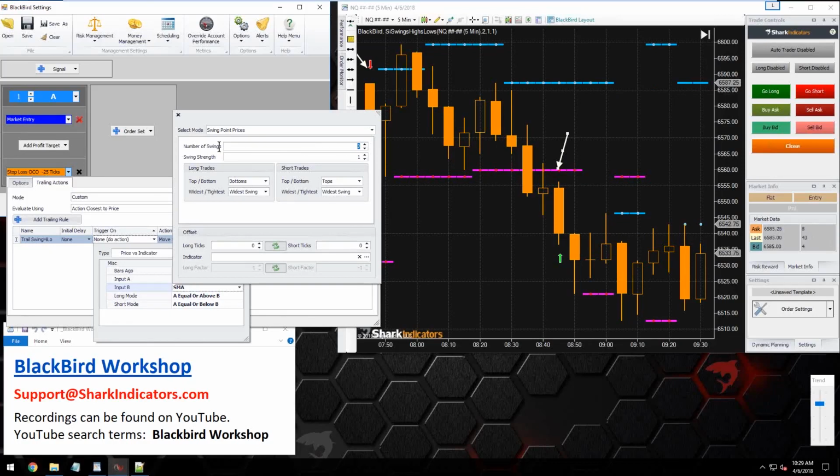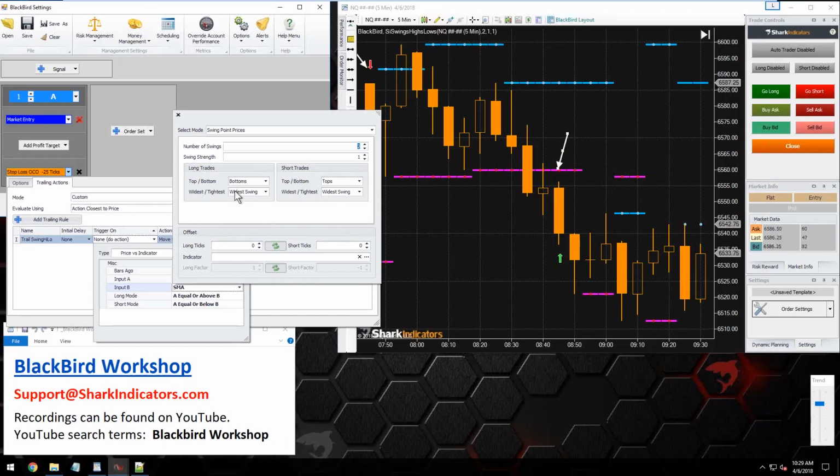So basically this number of swings is kind of like a look back period, looking back to see how many swing highs there are and which one is the highest out of those. Typically for a stop loss, you're going to want to use the widest swings here.